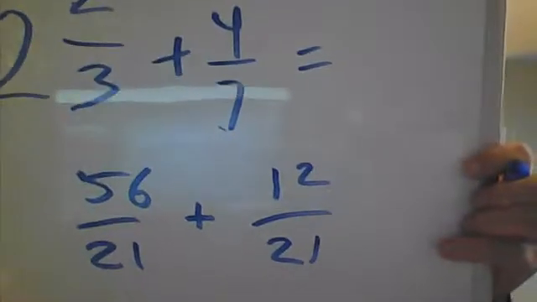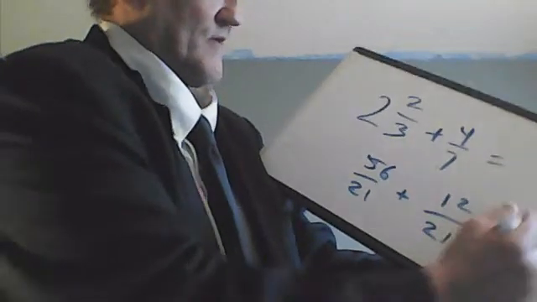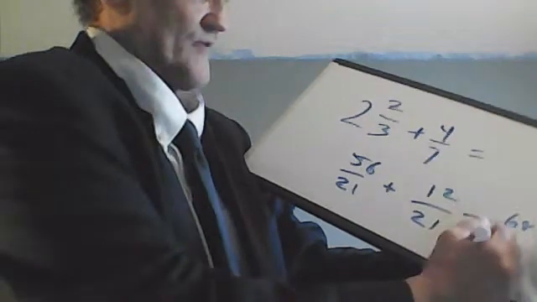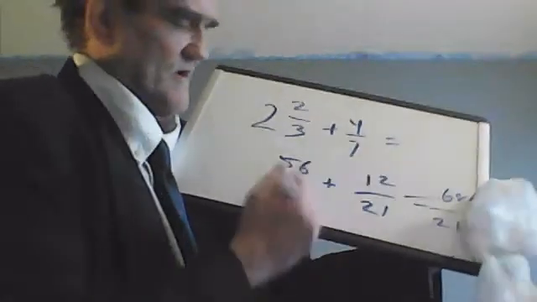Then all you have to do is add the numbers. 56 plus 12 equals 68. The denominators carry across: 21. You follow me so far?